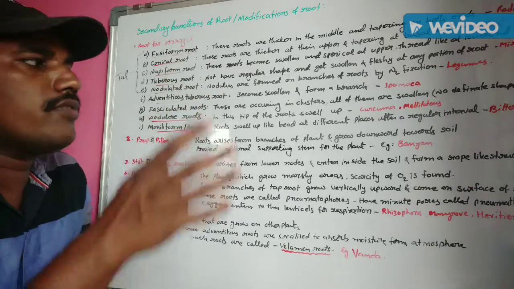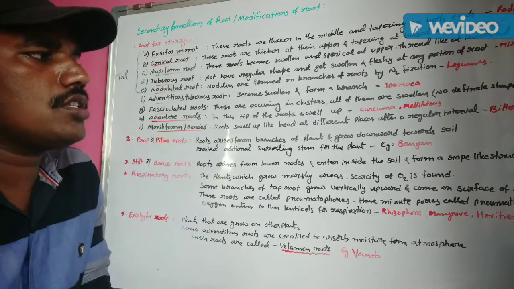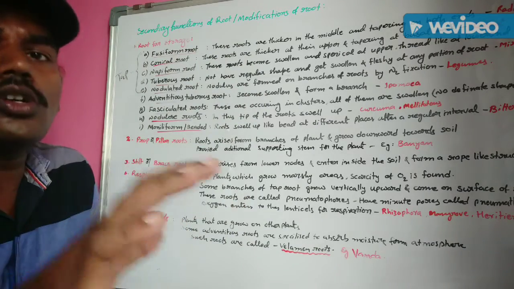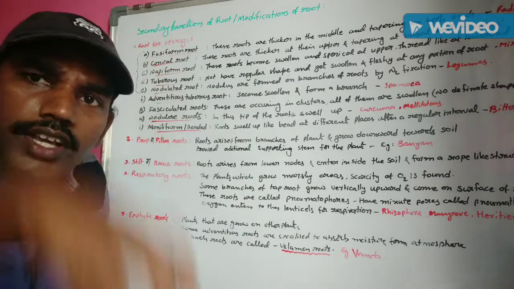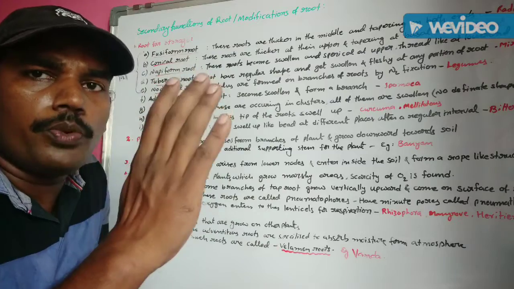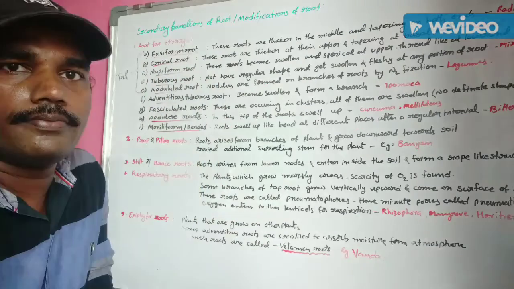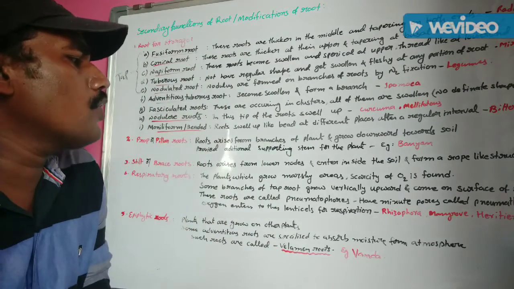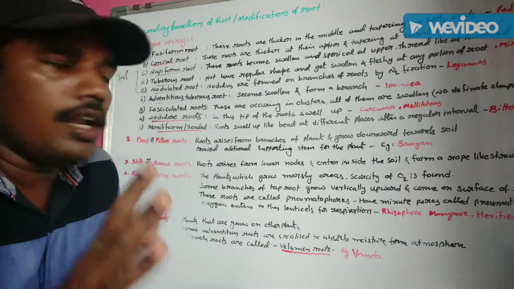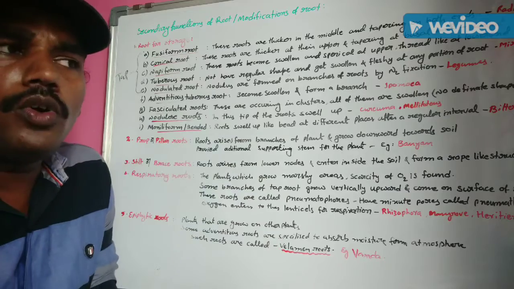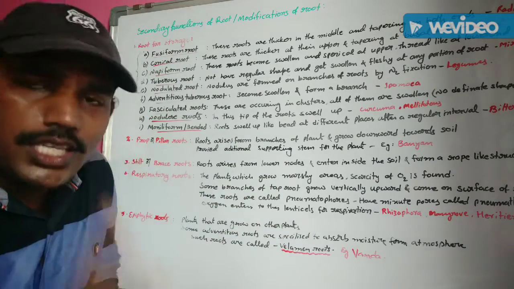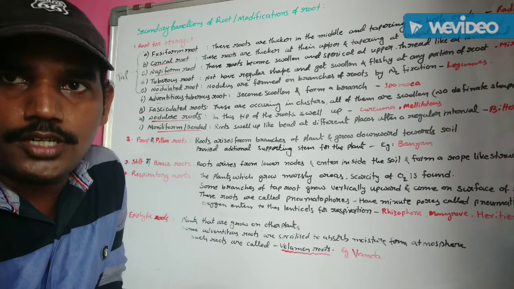They arise mainly from the heaviest branches, grow downwards towards the soil, finally fix into the soil and provide additional support. This type of root is known as prop or pillar roots. They are especially helpful for giving additional support to the plant. The best example is the banyan tree.